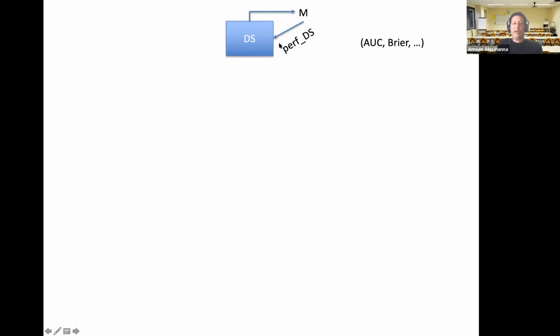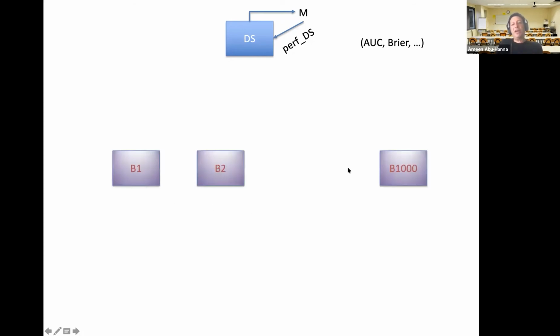Now, I want to correct this. I know that this is not honest because I tested on the same data. So what I'm going to do is make 1,000 bootstrap samples. What's a bootstrap sample? I take the original data set and I draw, with replacement, 1,000 patients. So if it was 1,000, I will still have 1,000 here.